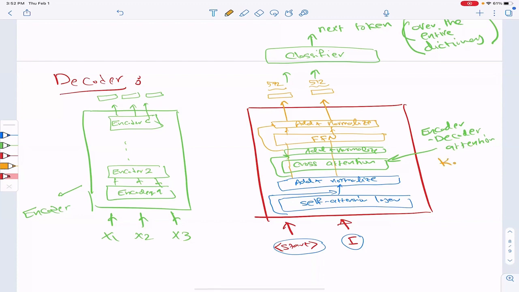We need K, Q, and values. Okay, so in this architecture, these two matrices, K and V, are going to come from the encoder side. And the last one is going to come from the decoder side.